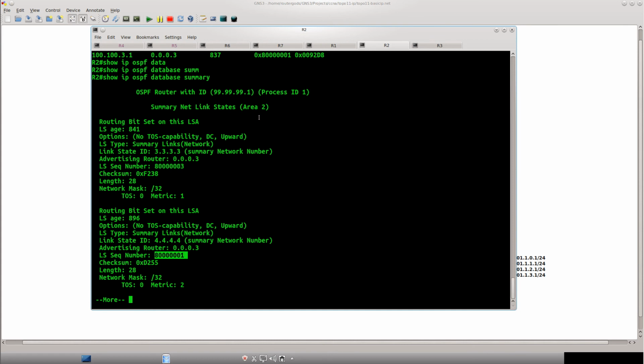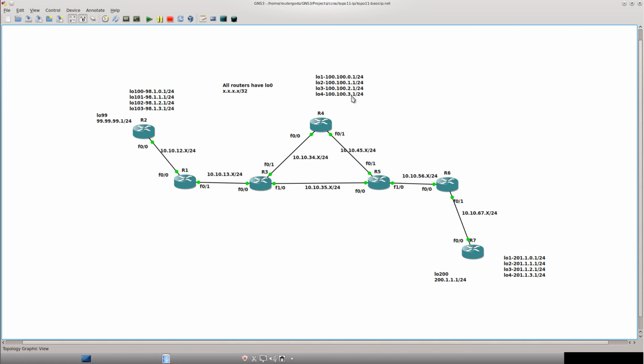Well, if we take a look at our diagram, what was the link that we were killing in our little triangle there? What was that link? It was between which 2 routers? Three and 5, yep. So we were messing around with that link.